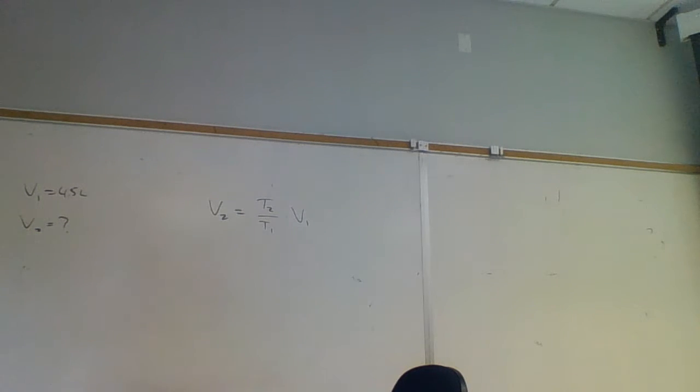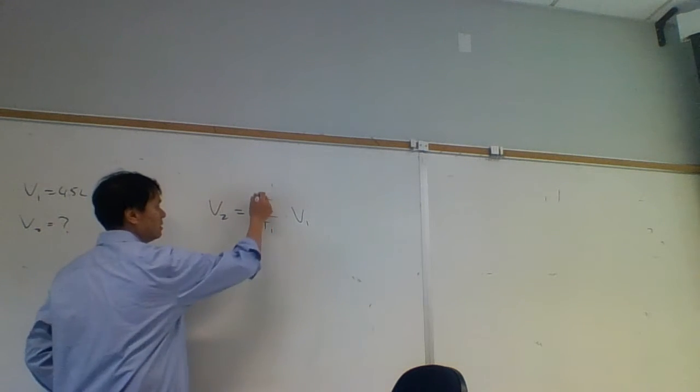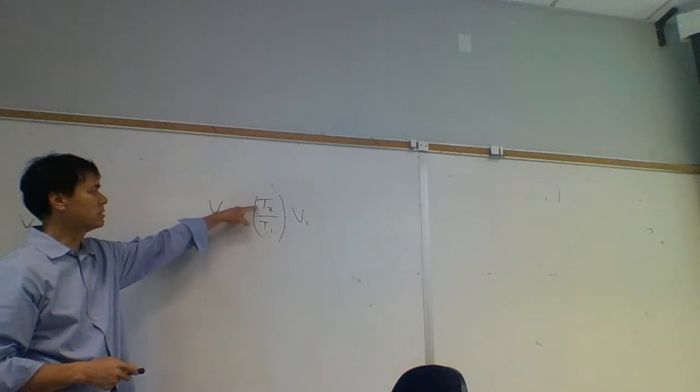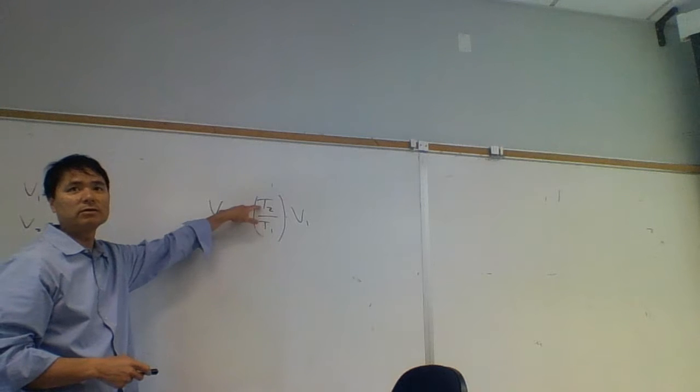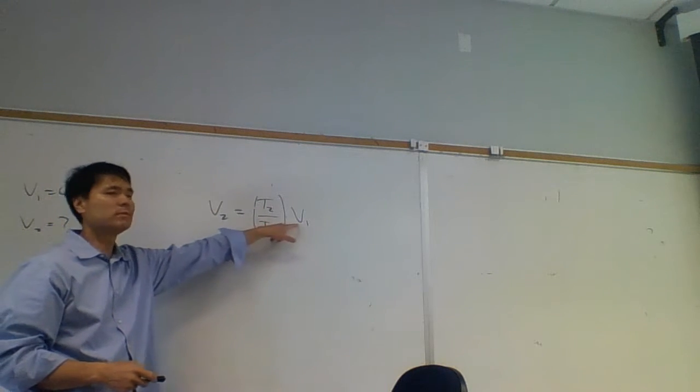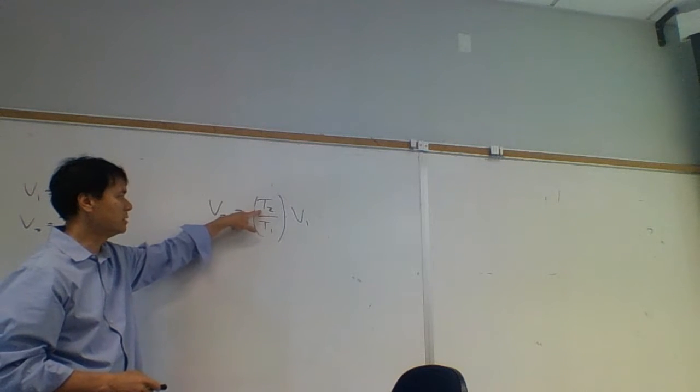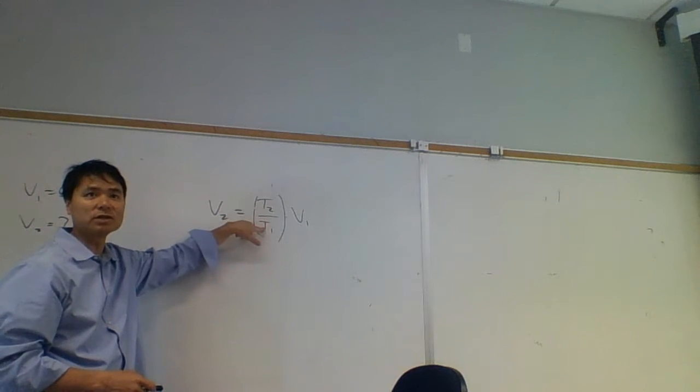And so this is a factor here. Do you see this? T2 over T1. If the temperature increases, let's say the temperature doubles, then the volume is going to increase, perhaps double. If the temperature decreases, that is T2 smaller, this is going to be a fraction. See?